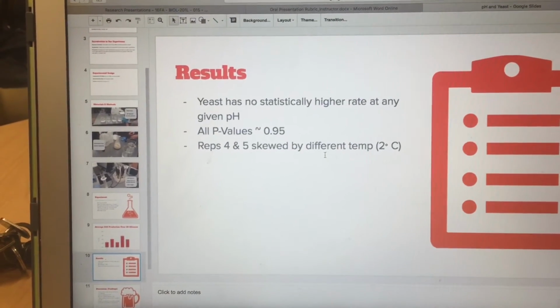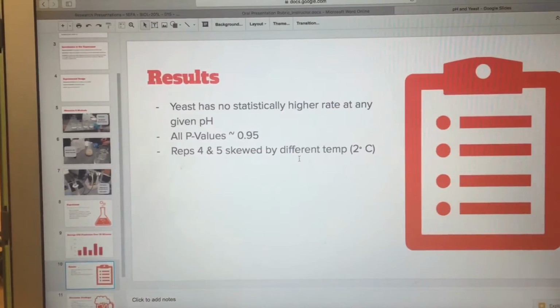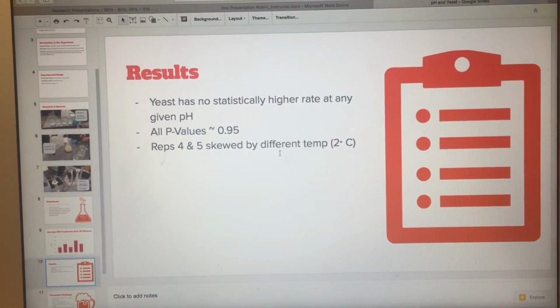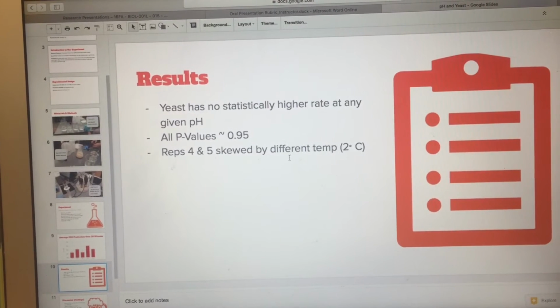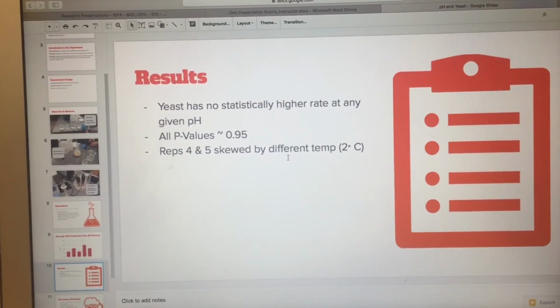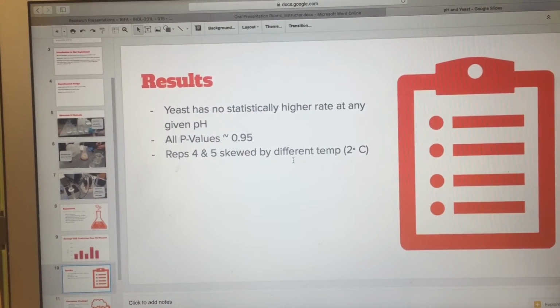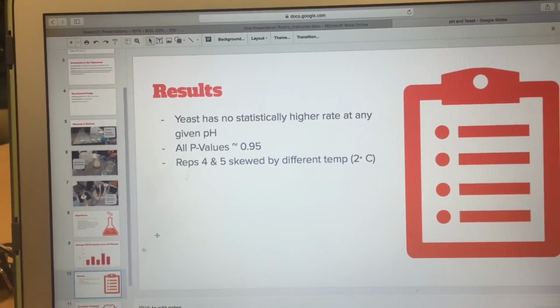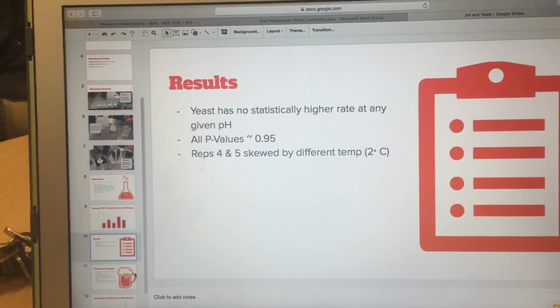Based on these, with our 10% difference, we found no statistically higher rate at any given pH. All our p-values were around 0.95. However, our reps 4 and 5 were skewed slightly by a temperature difference of 2 Celsius. This may have played a role in our later experiments.